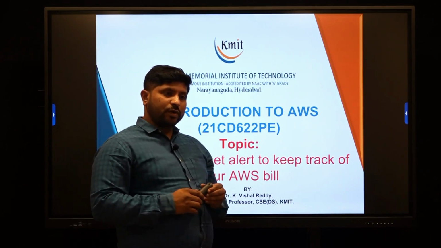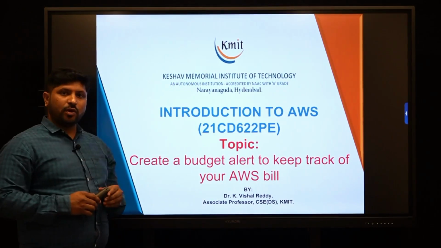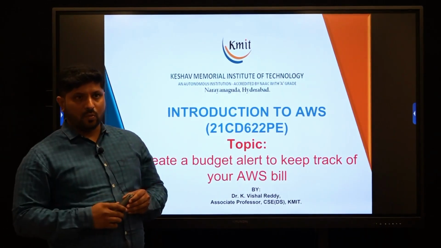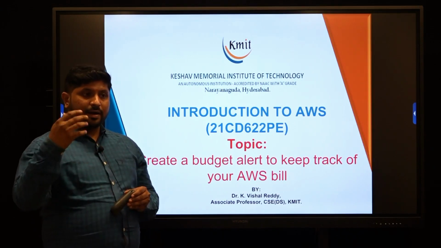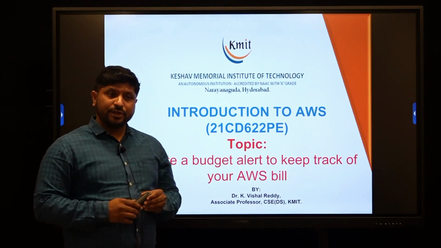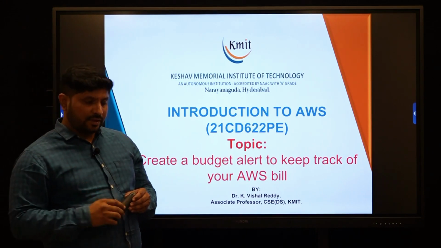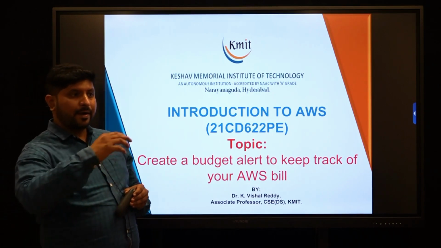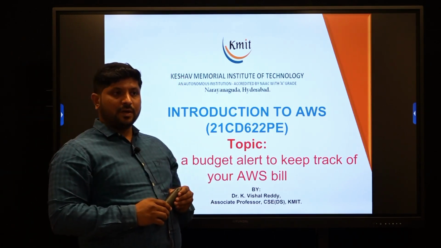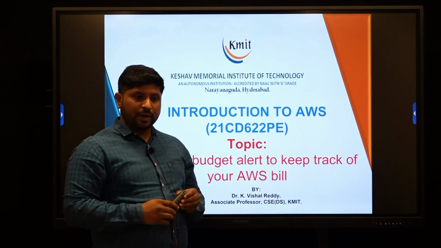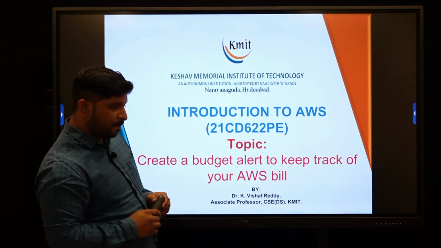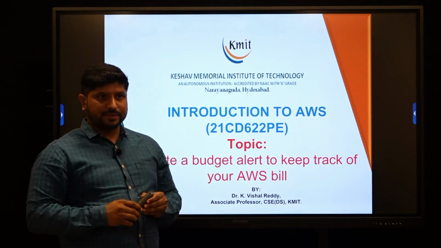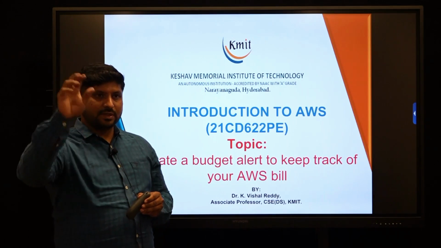Why this topic is very important is, I may be using the US East one region, where I had launched my EC2 instance and connected it with S3 to store static data, and connected with the RDS service where the data can be stored in a relational database, and I left those services as they are in that particular region.